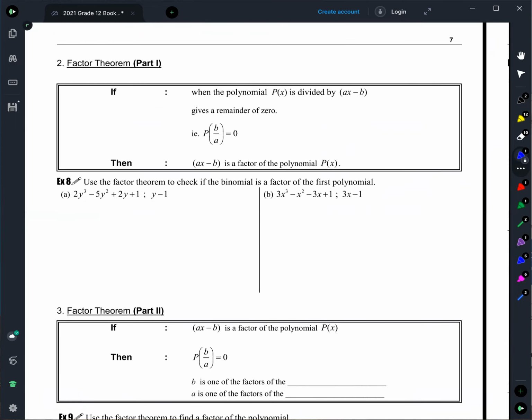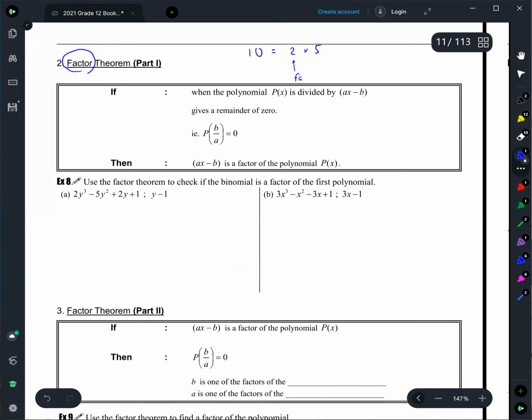So let's understand what factor means first. Okay, for example, 10 has factors of 2 and 5, right? 2 times 5 can make 10, right? So this is a factor. 5 is also a factor of 10. So if it's a factor, that means you divide it by the factor, you shouldn't have remainder.